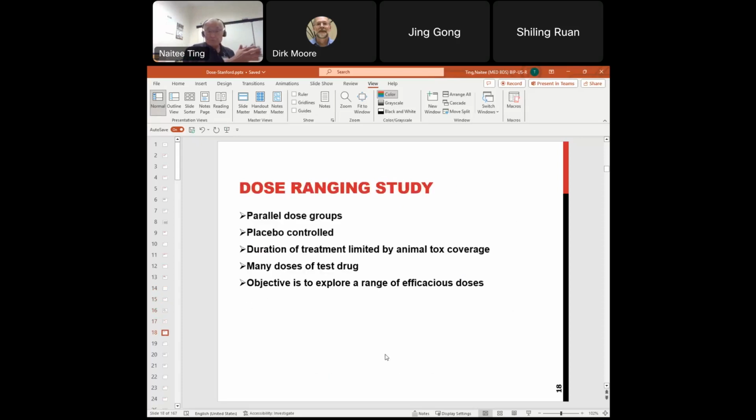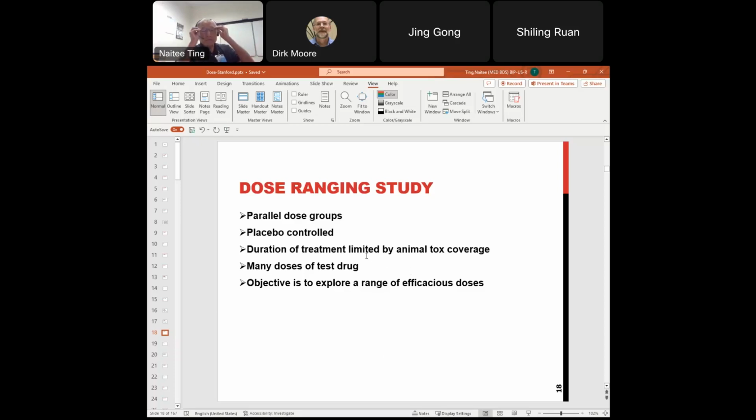Now let's move to dose ranging. So I hope with these few slides, I can convince you POC is very, very, very difficult. And now, if the concept is proven, we're moving to dose ranging, the next big part of phase 2 trials. Okay. Dose ranging, of course, parallel studies, placebo controlled, duration of treatment limited by tox coverage.